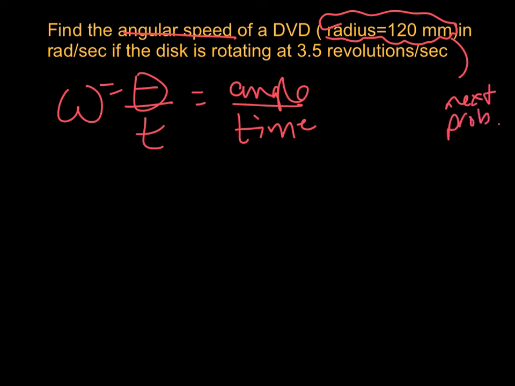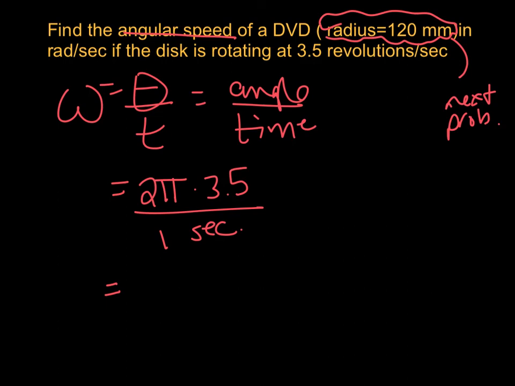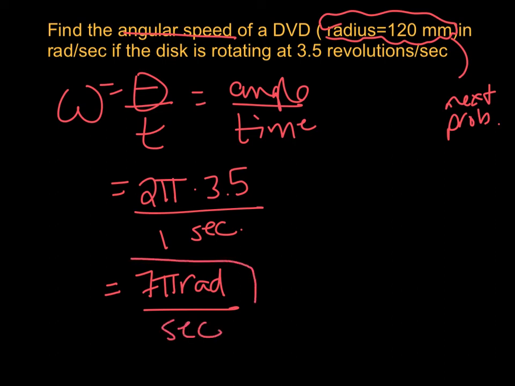Your angular speed is how much your angle is changing. My angle comes from 2 pi times however many revolutions you have, per second. So if I multiply that out, 3.5 times 2 is going to give me 7 pi radians per second. That is my angular speed.